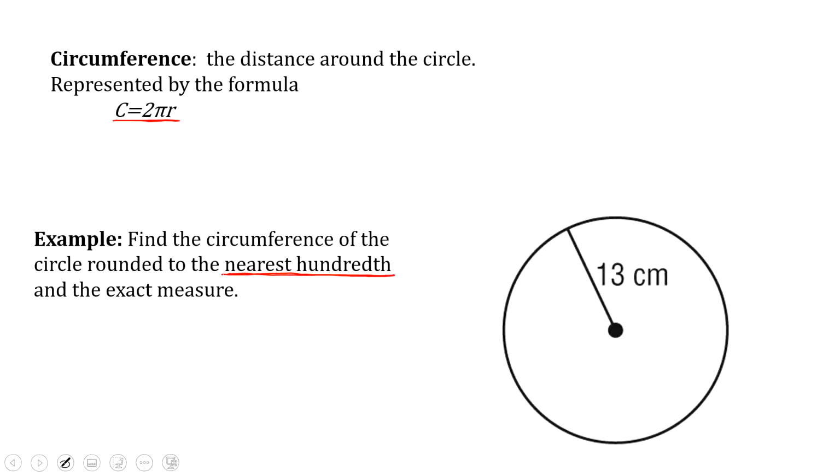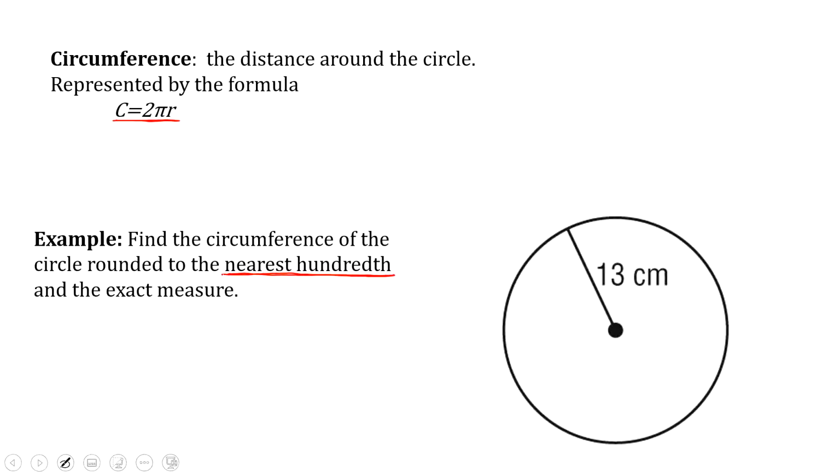Similarly, if there's a problem on the review packet or on the test that's looking for the exact measurement of, say, the area of a circle, and you know the radius as a radical, 3 square roots of 2, 2 square roots of 3, the square root of 5, you need to leave your answer in radical form, whether it's a simplified radical or just has the square root in there.